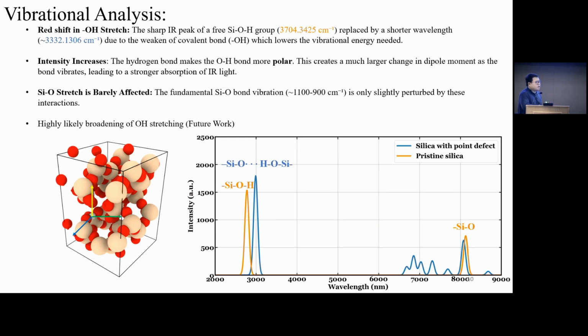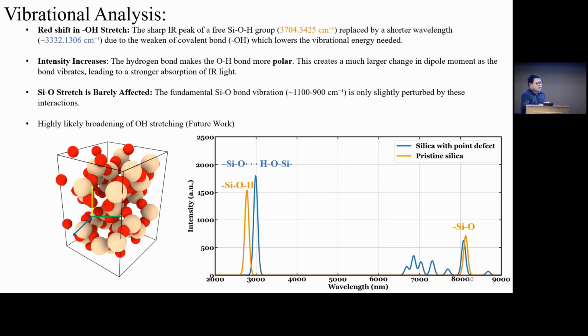We also did DFT calculations for the vibrational analysis. This is done by systematically perturbing the atoms from their equilibrium positions, and then we calculate the Hessian matrix and also the overall energy surface. What we found is actually a redshift of the 2.8 micrometer feature. This is because the hydrogen bond is weakening the covalent bond of the original host oxygen atom.